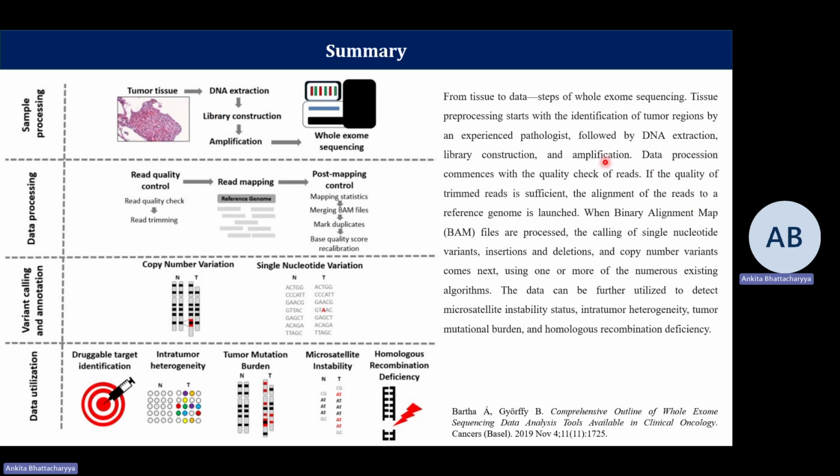DNA processing commences with a quality check of the reads. If the quality of trimmed reads is sufficient, the alignment of the reads to a reference genome is launched, and when binary alignment map or BAM files are processed. Again, this is all information you've not learned about till now, but overall, this is what happens in whole exome sequencing. I just wanted to sum it all up.